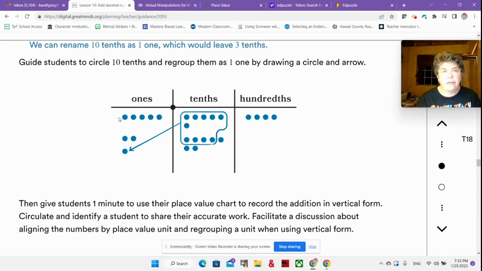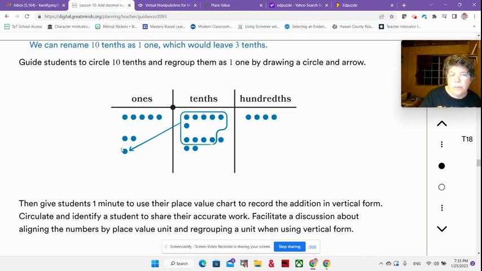You should have 5 ones and 2 ones. And then you should have 6 hundredths and 7 tenths. Okay, so in the hundredths, we have nothing to exchange, but in the tenths, we can make a group of 10 tenths and we can exchange it for 1 one.